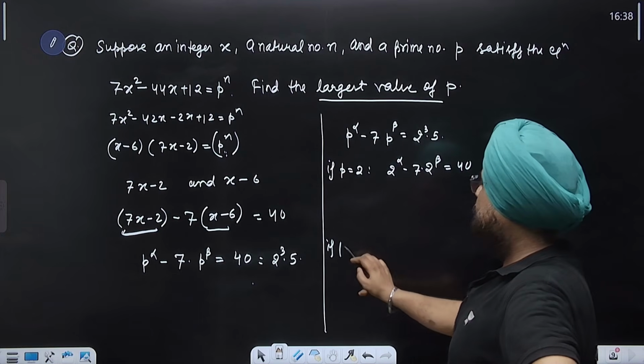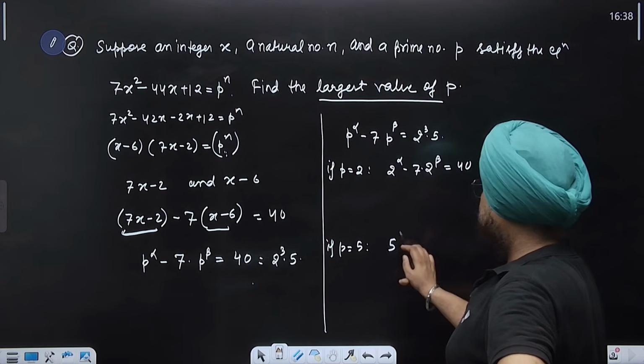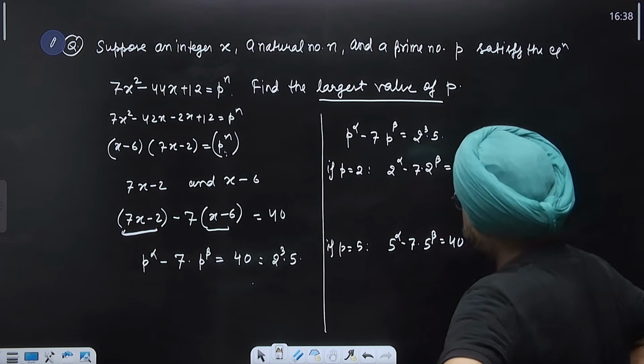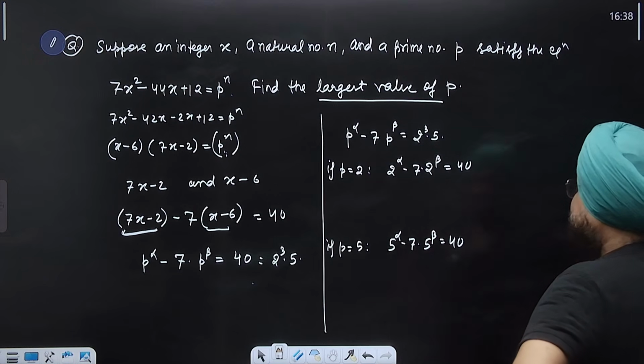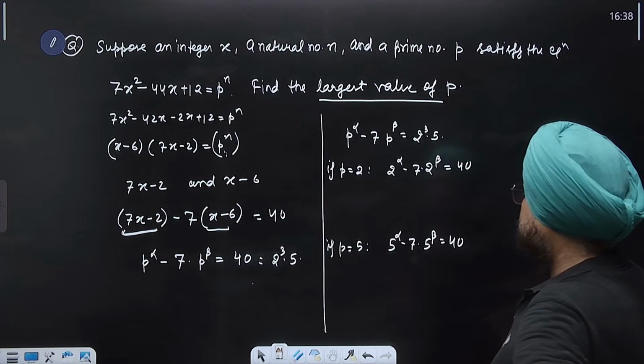If p is equal to 5, this will become 5^alpha − 7 into 5^beta is equal to 40. But we want the maximum value of the prime number.